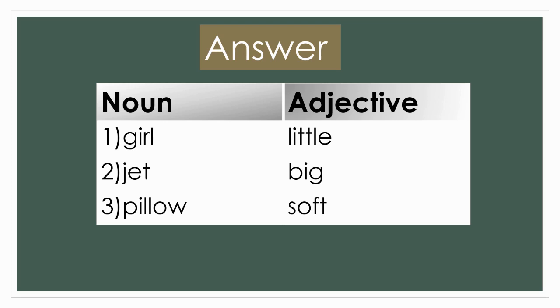In that sentence, the word jet is a noun and big is an adjective as it is describing the noun jet. The third sentence was I love my soft pillow. The word pillow is a noun and soft is an adjective as it is telling us more about the noun pillow.